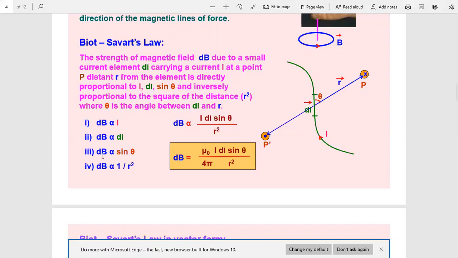And third, dB is directly proportional to the sine of the angle between the current vector and the position vector of the point where magnetic field strength is to be measured.